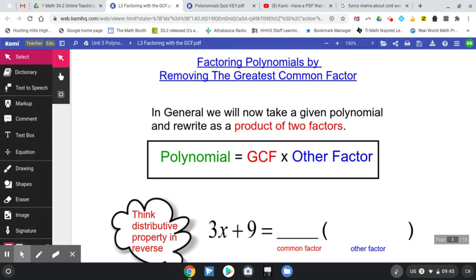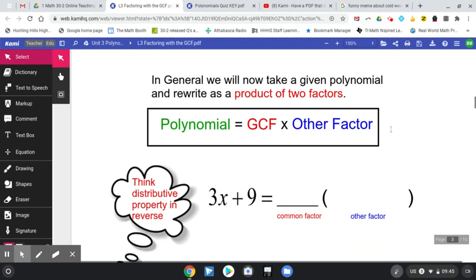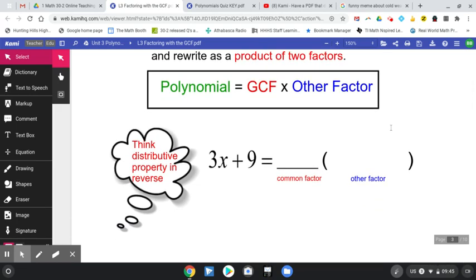So we're going to just take a look at this process right here. We're going to be given a polynomial. Our job will be to find the greatest common factor. And then the other factor, there's really nothing special. It's just kind of what's left over after you divide out the greatest common factor. So here's how that works.